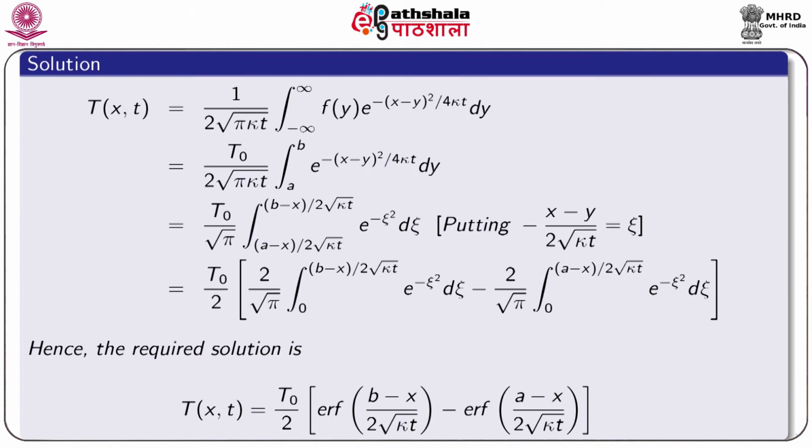So, the first integral can be written as error function of (b minus x) by 2 square root kappa t minus error function at (a minus x) by 2 square root kappa t. Thus, we get the required solution for capital T for this particular problem.